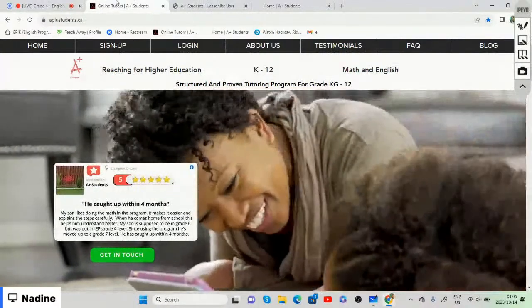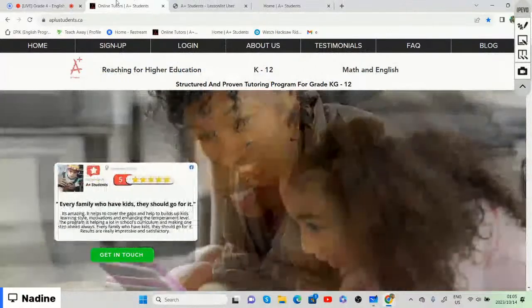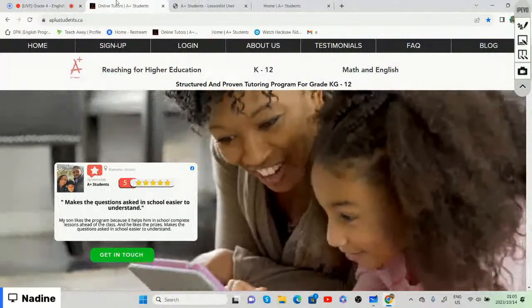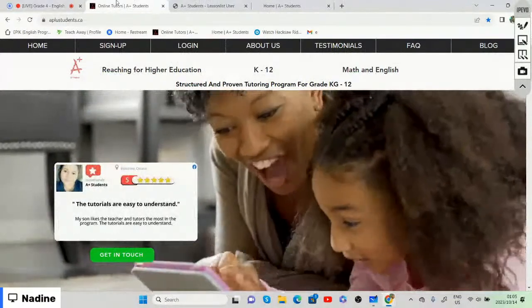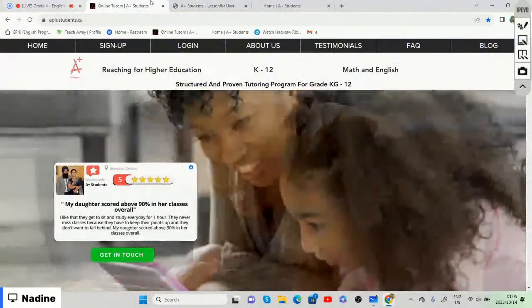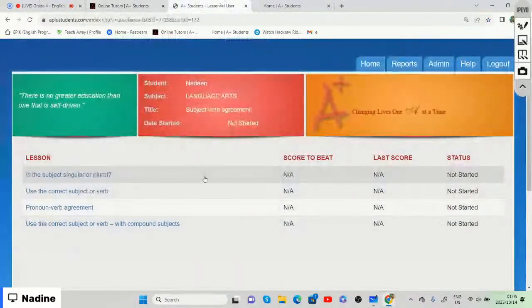After selecting English language arts, we're going to select grade 4, and then we're going to scroll down until we get to our chapter of subject verb agreement.